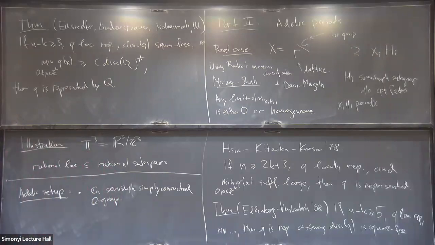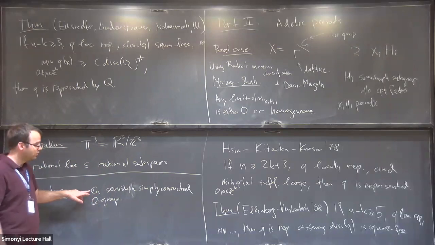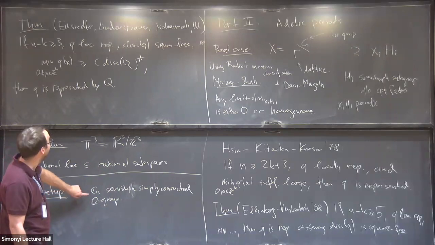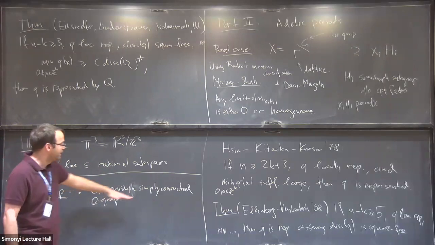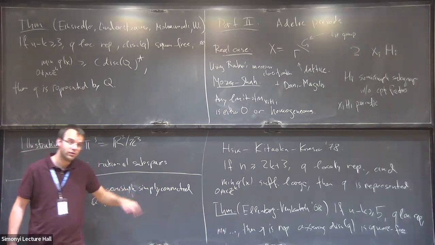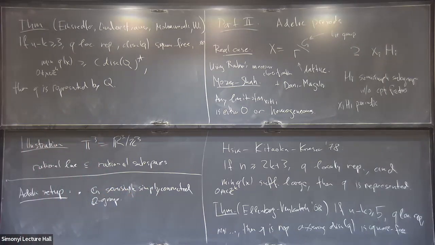For all intents and purposes, for the theorem we had up here, G would be the spin group of some quadratic form. It's almost a special orthogonal group, but I need it simply connected, just for technical reasons.